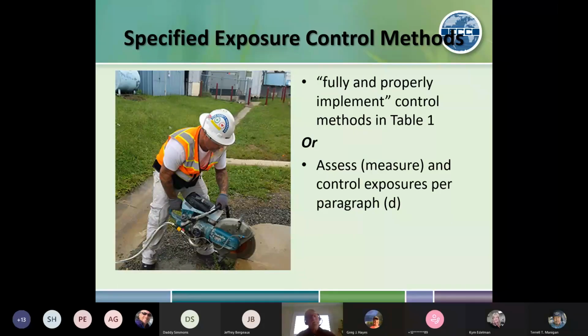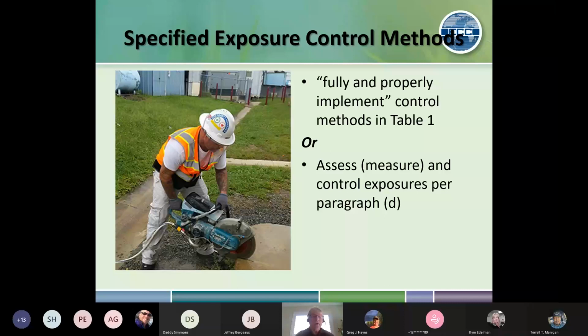So I mentioned the specific exposure control methods, and this is the table Kim sent around, table 1. But what it says is that when you implement the control measures in table 1, they have to be fully and properly implemented. And we'll see a few examples of that.